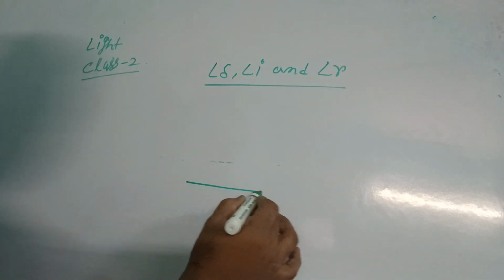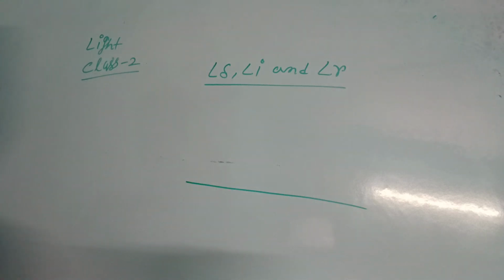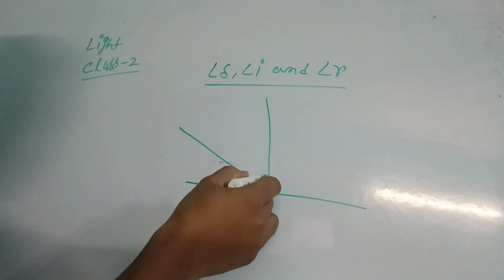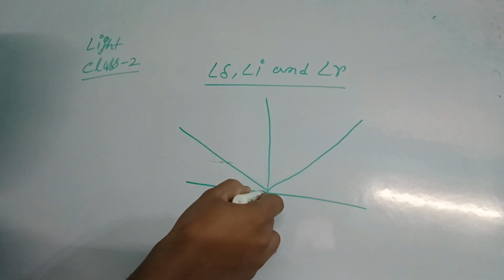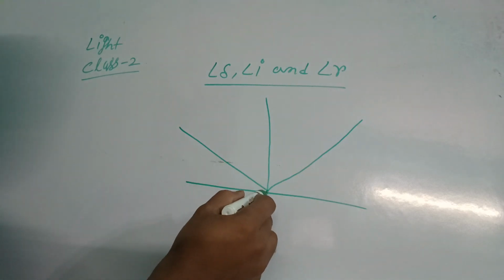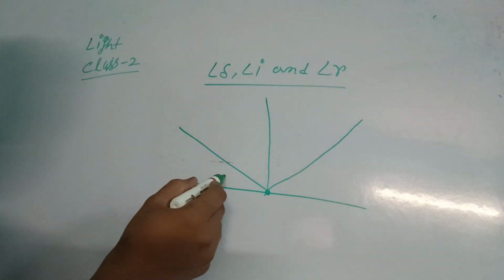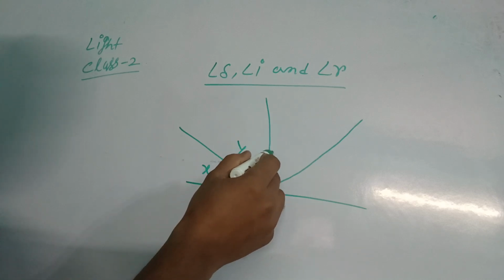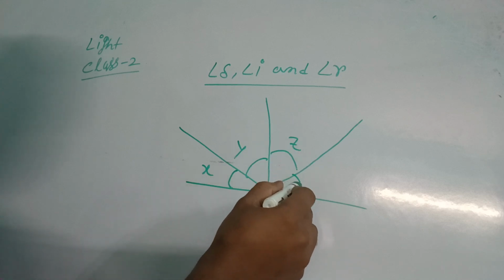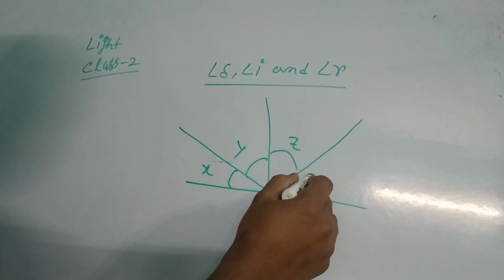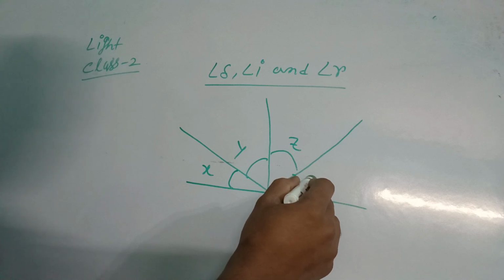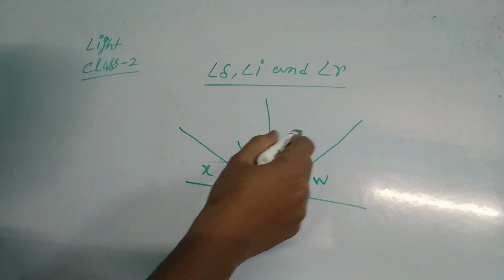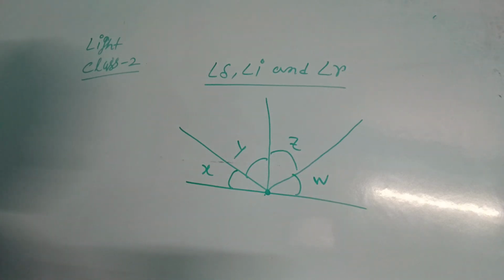Now consider there is one straight line, and a few other straight lines are also given, and they intersect at that particular point. Say this angle is x, this angle is y, that angle is z, and this angle is w. So three different angles are given.